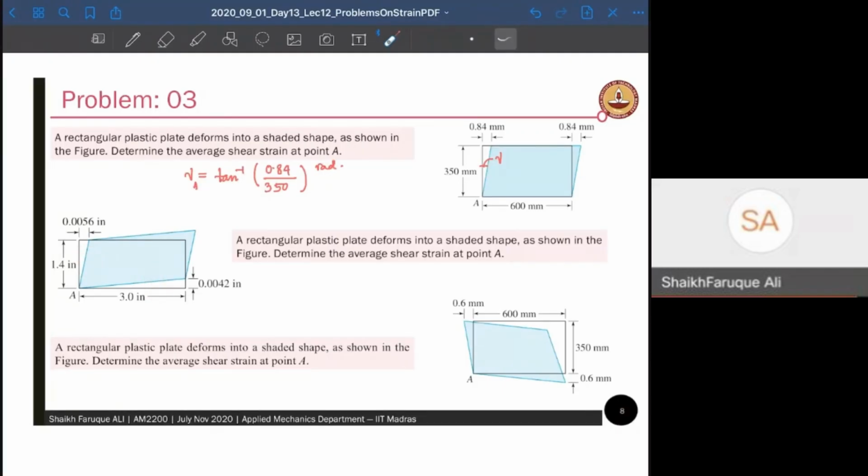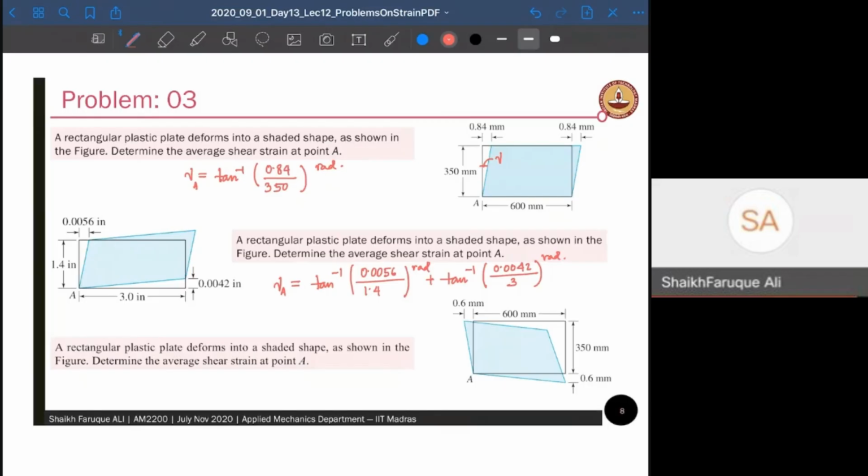So gamma at A is going to be tan inverse of 0.0056 divided by 1.4 in radians, plus tan inverse of 0.0042 divided by 3 in radians, right?